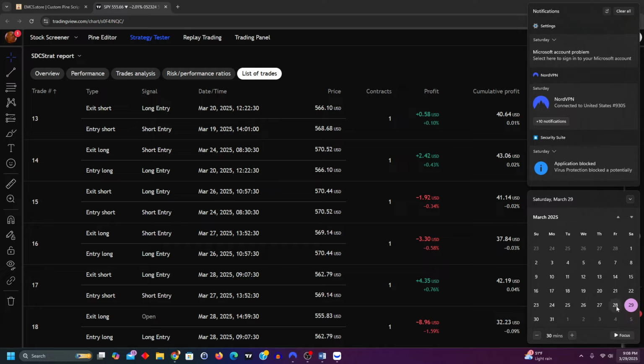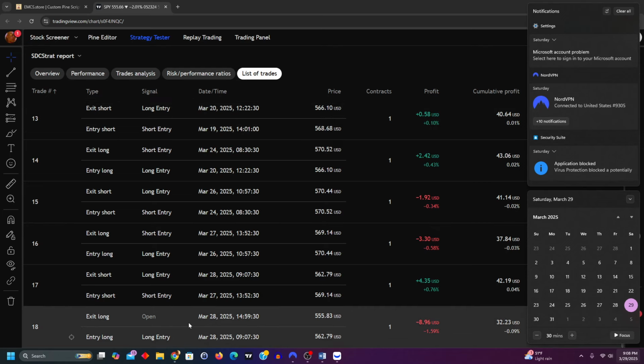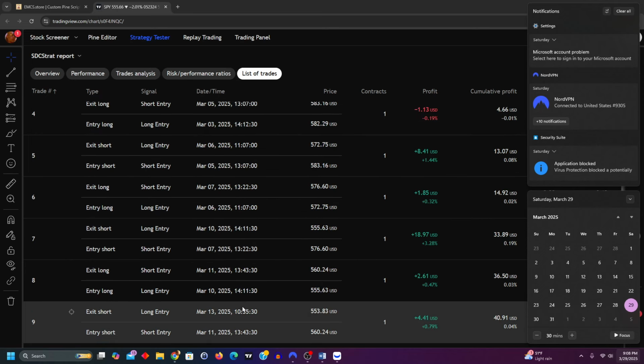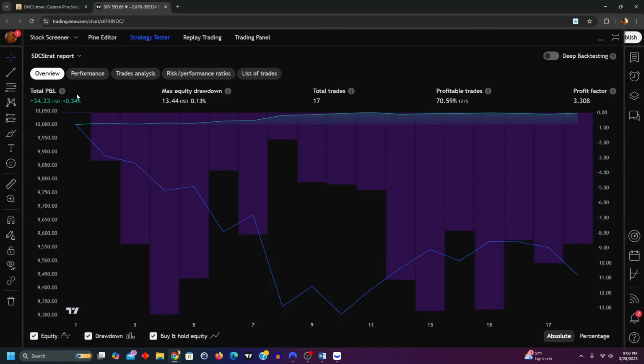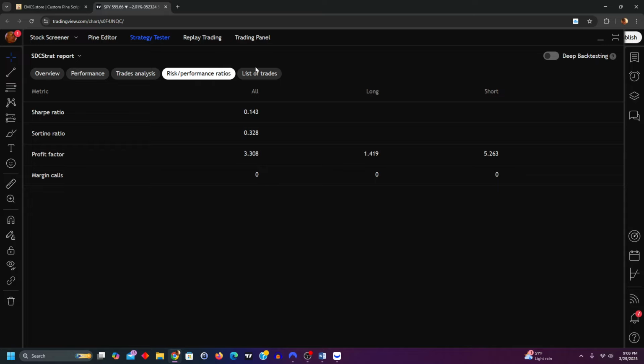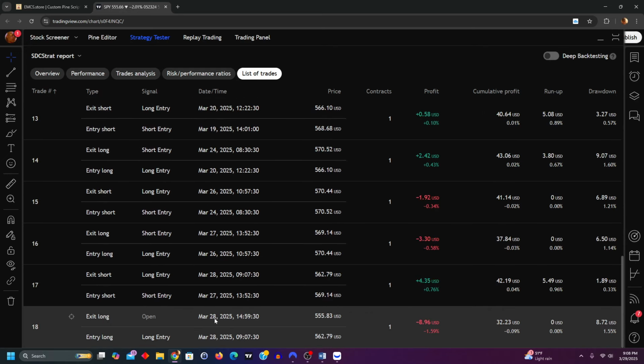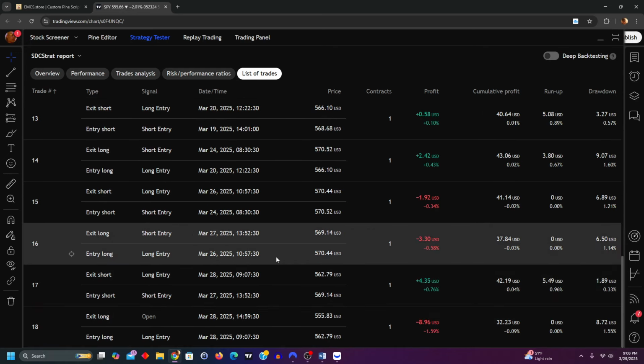The market closed for the week yesterday on the 28th, and this had its last trade yesterday on the 28th. These numbers right here in the overview, the performance and trade analysis and all that, are based off of this time period that it's collected this data.